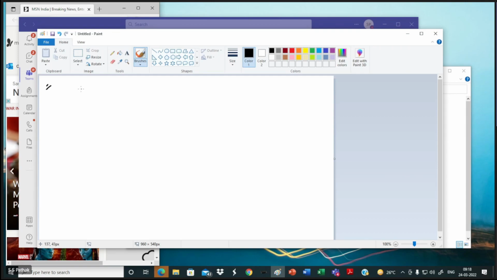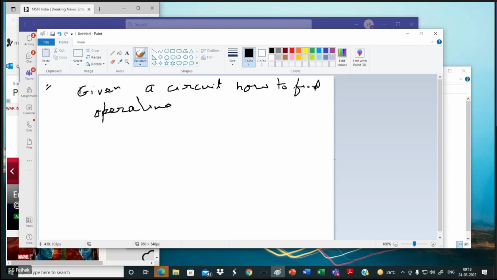So here I want to find, given a circuit, how to find the operating point of the NR, negative resistance device, in the circuit.